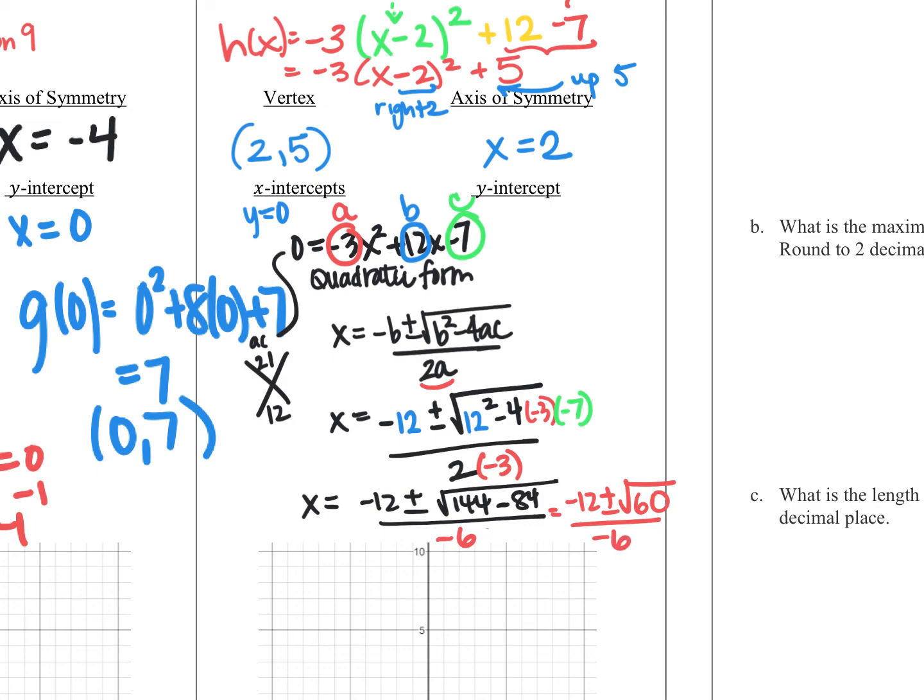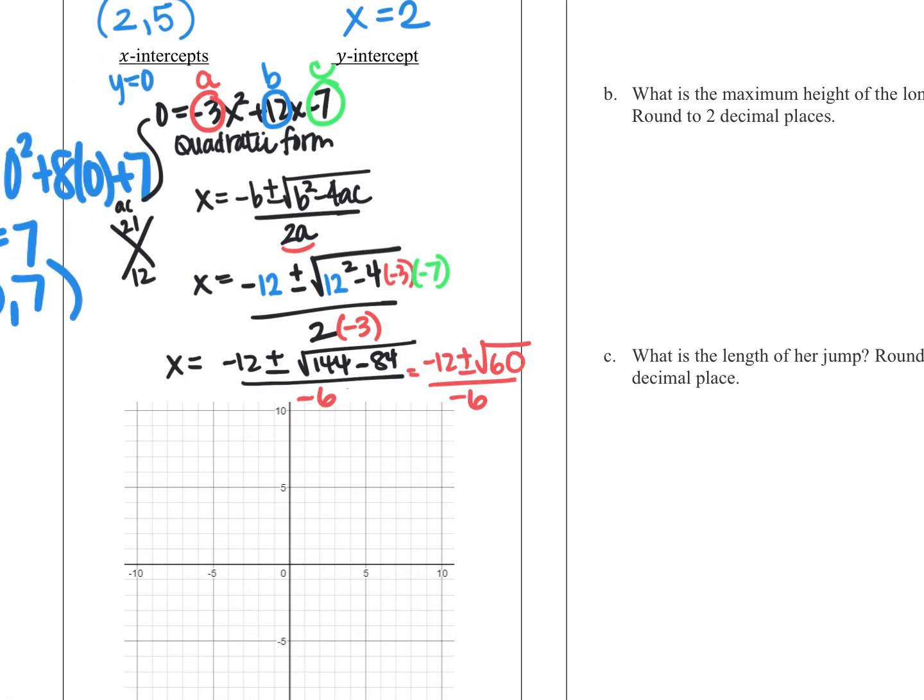Now that's pretty good. We can work on simplifying that radical if we want, but if you punch that into your calculator, there's really two things here, both -12 plus the square root of 60 over -6, and then we have the minus, which should get you about 3.3 and 0.71.